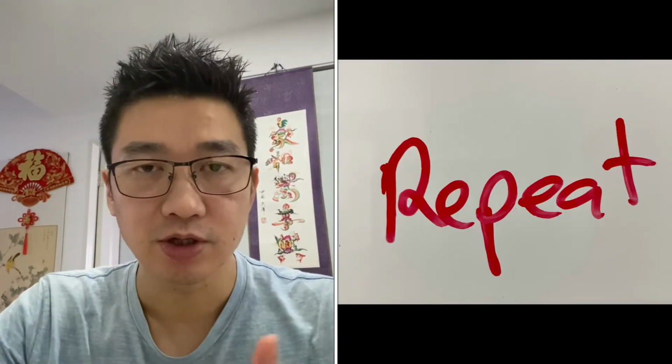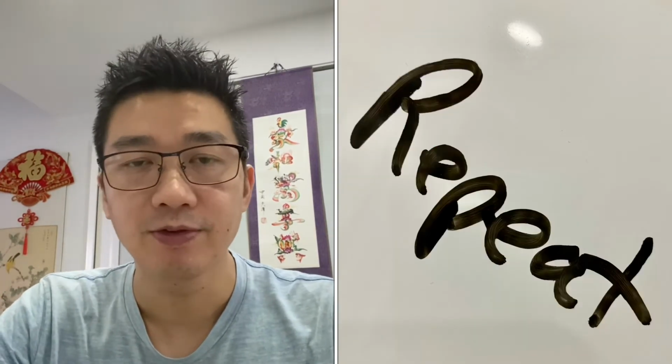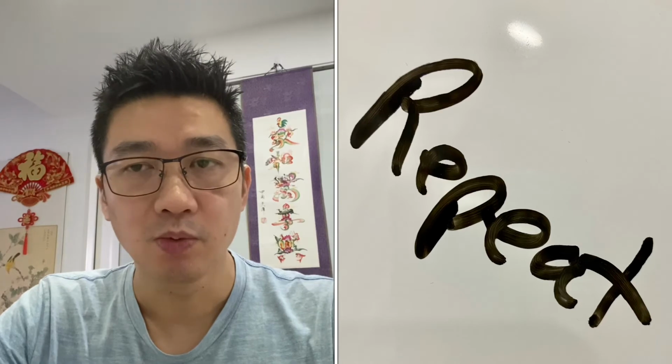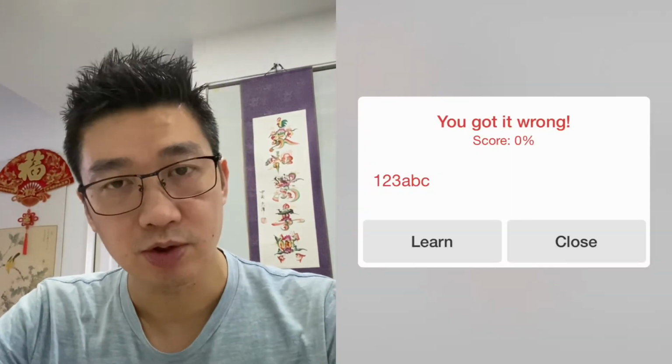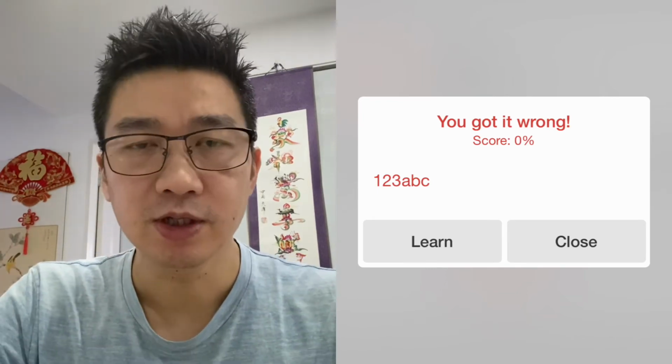You can do this slowly over, say, normally a couple of weeks or even a month. And once it pings up, it asks you the question, and it triggers you to remember it. Or if you get it wrong, it will show you the answer, and then you memorize it again. So this spaced repetition is a recognized way to learn.